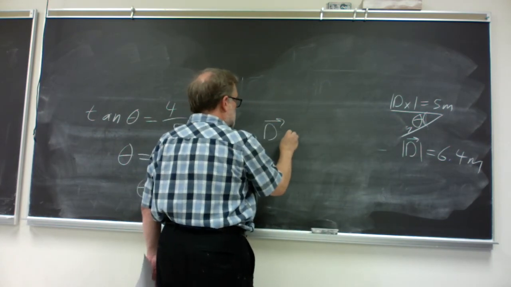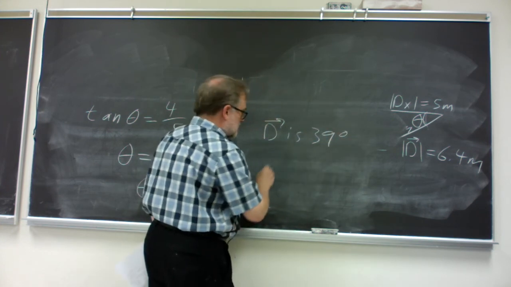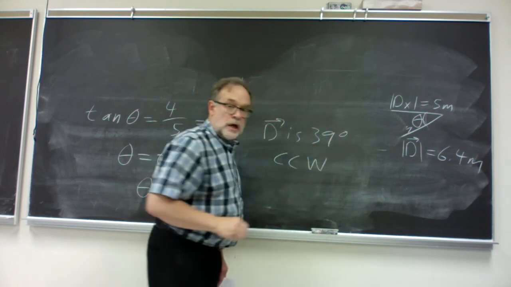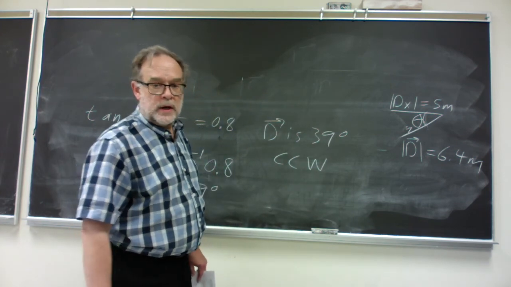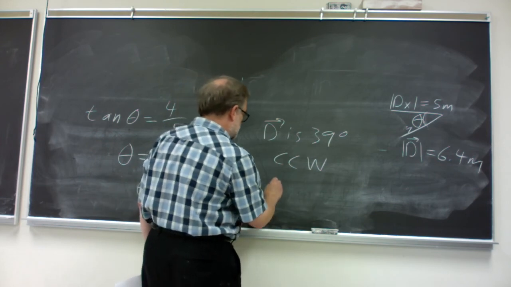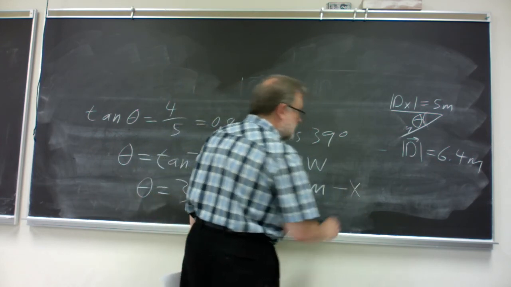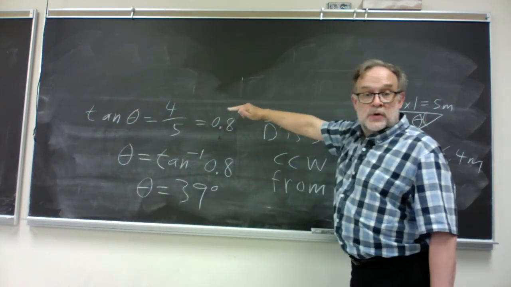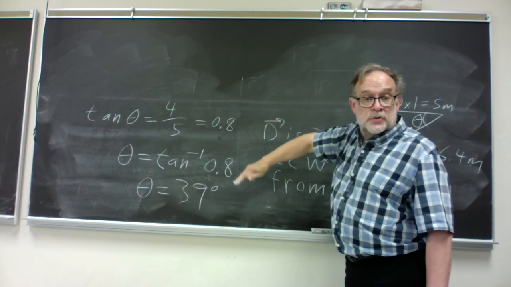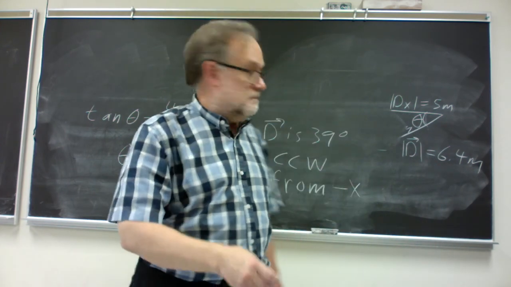D is 39 degrees CCW, counterclockwise, from the minus x direction. Minus x direction, rotate 39 degrees counterclockwise, and now you're pointing in the direction of D.